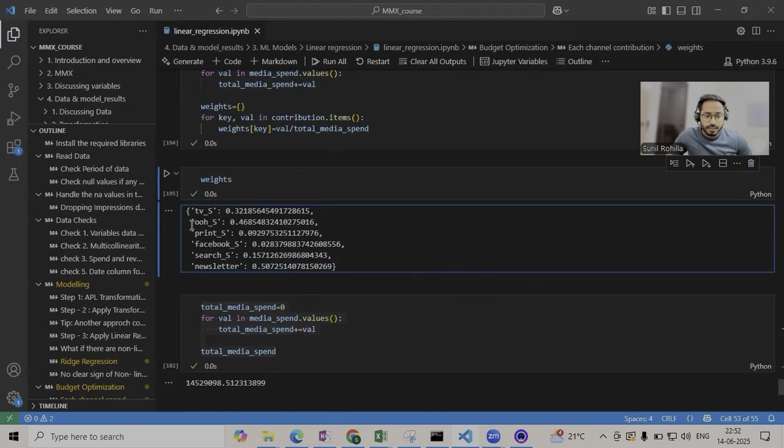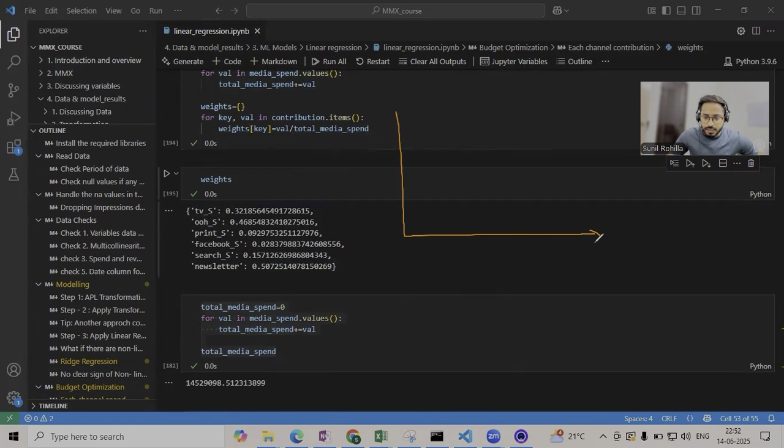And then the second largest budget will be for OOH, right? Because its weight is 0.46. Similarly, third highest will be TV spend because its weight is 0.32. Right. So now, if I can go here.